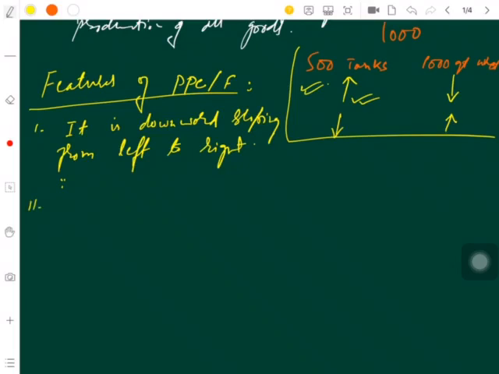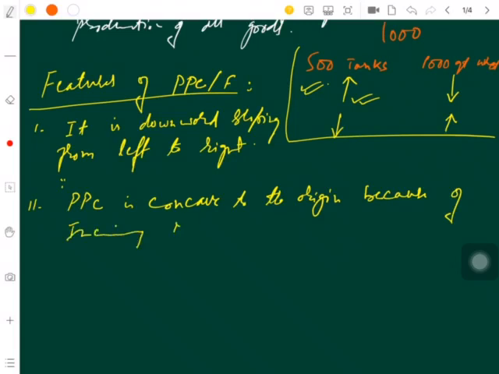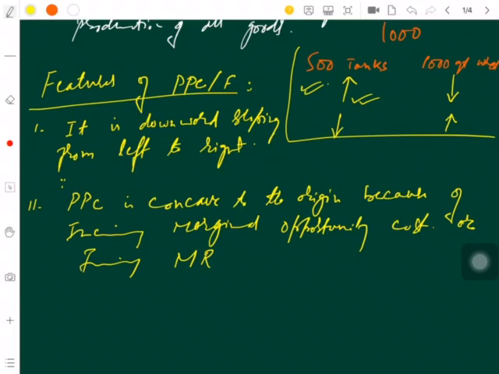Number second feature of it is that production possibility curve is concave to the origin. It seems a bit technical. That is what I am going to demonstrate in a short span of time. Because of increasing marginal opportunity cost, or in other ways it is called increasing marginal rate of transformation.